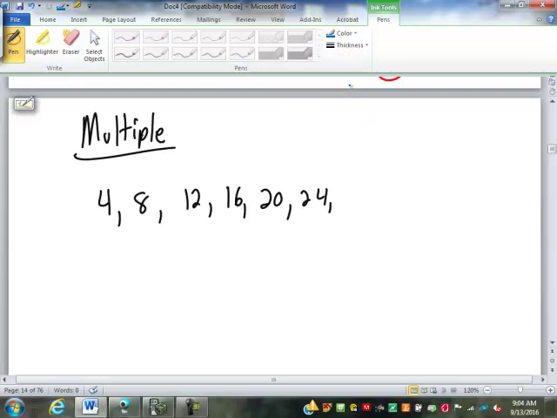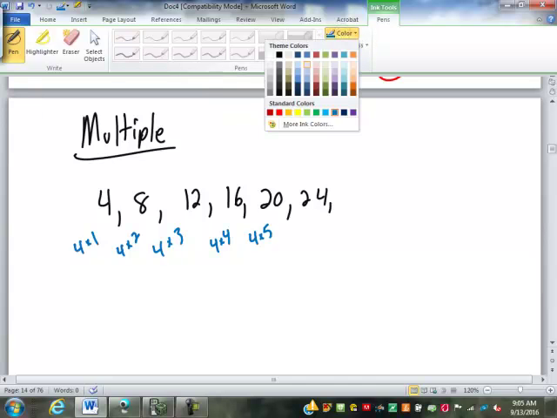They're called multiples because this would be 4 multiplied by 1, 4 multiplied by 2 is 8, 4 multiplied by 3 is 12, 4 multiplied by 4 is 16, 4 multiplied by 5 is 20, and so on. If you start with 1 and work up one number at a time, it's what you'd get multiplying those numbers by 4. It's easier to just say counting up by 4s. So those are the multiples of 4.